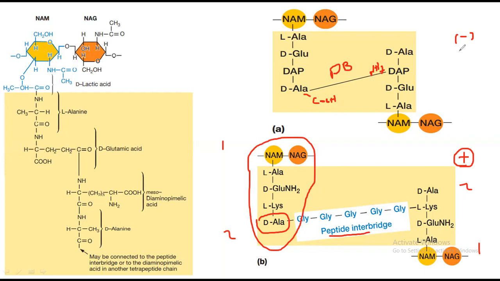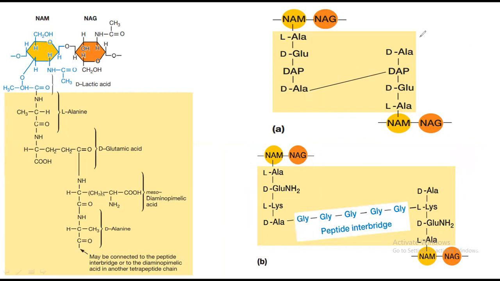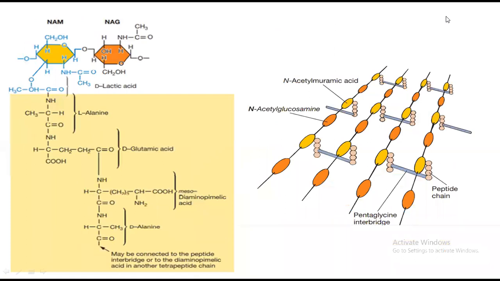In gram positive bacteria, the two subunits are interconnected to each other by a pentapeptide interbridge. So keep these differences in your mind. Now, just look here at this structure. So this was the L-lysine of the one subunit.